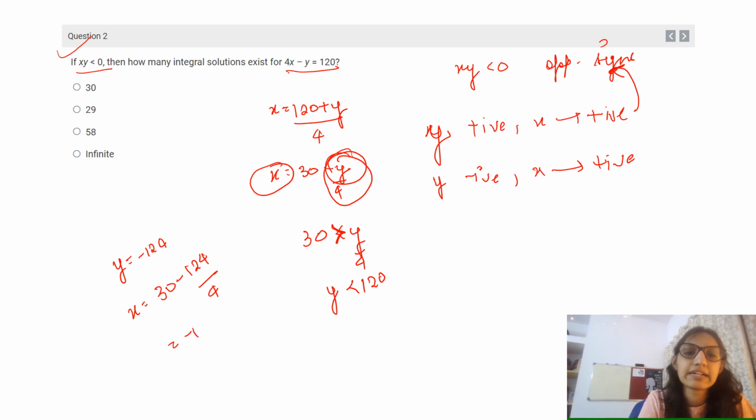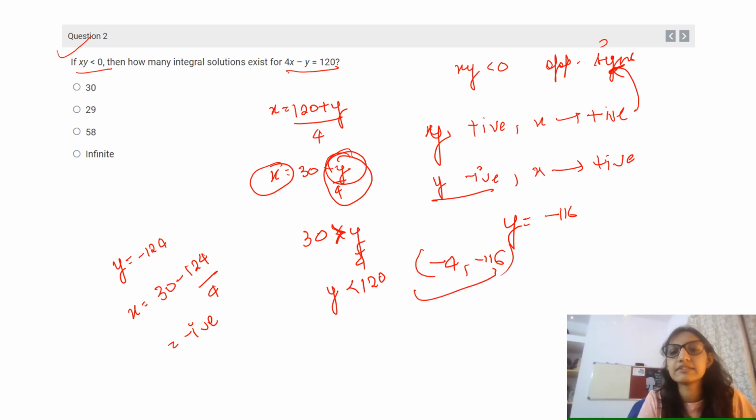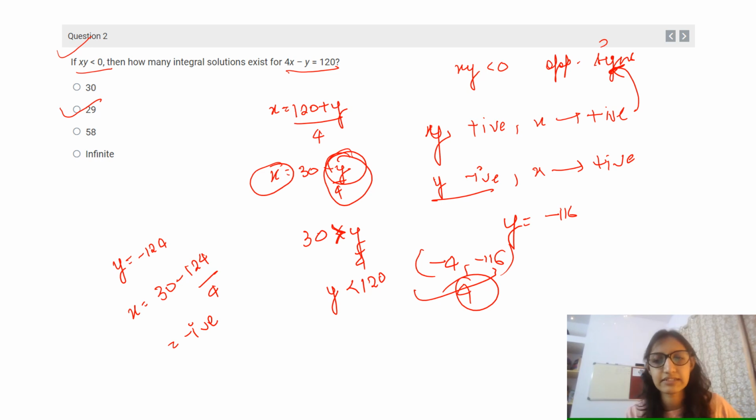So this will be a negative solution, which is not possible, since x and y both negative is not possible. So I think y will go up to minus 116, starting from y negative. That means minus 4 to minus 116 for y. These many solutions you'll have, and all have to be multiples of 4. So I think you'll get 29 from this. Just check it once.